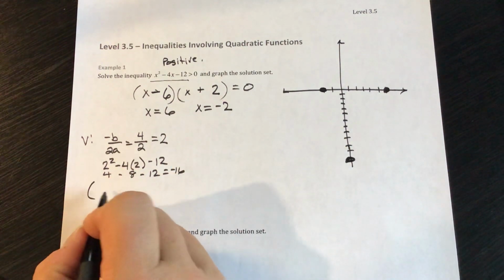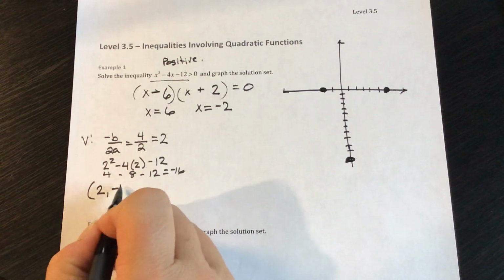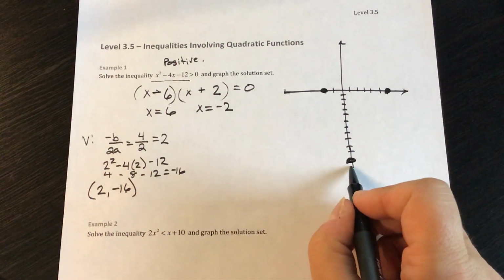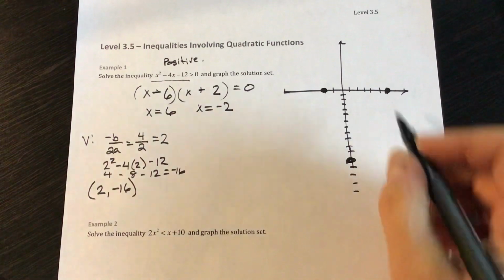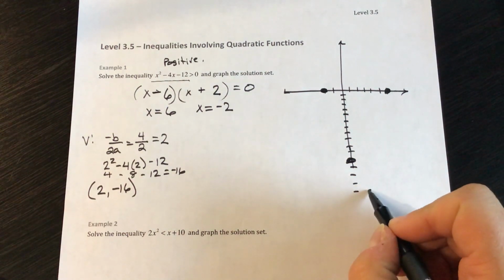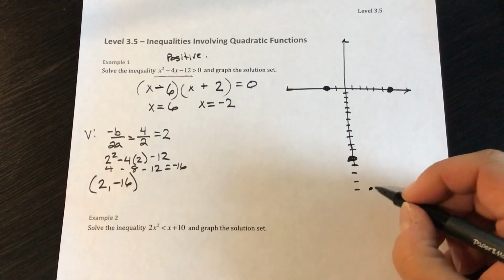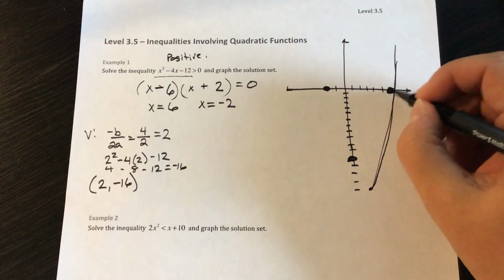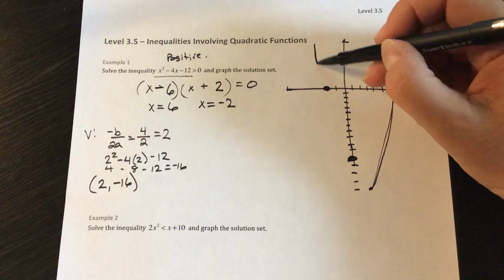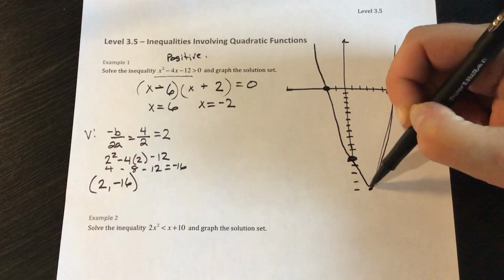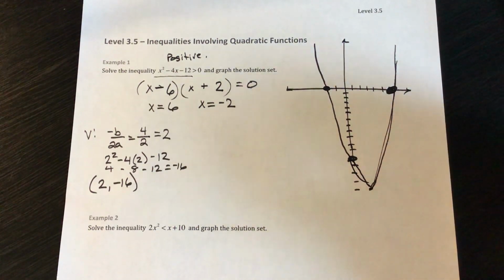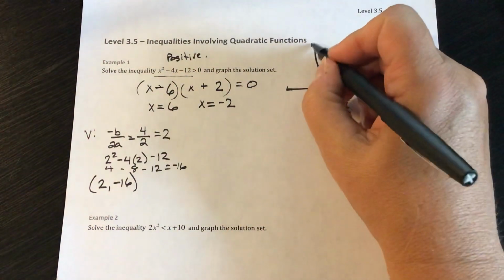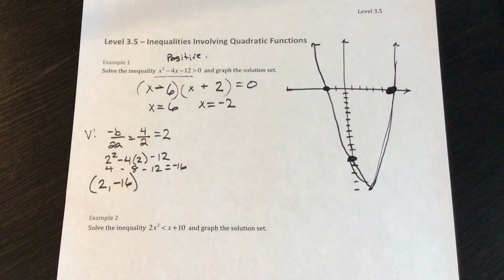So my vertex is at 2, negative 16. So if I do a quick graph of what this looks like, this is what my quadratic equation looks like. Quick sketch.